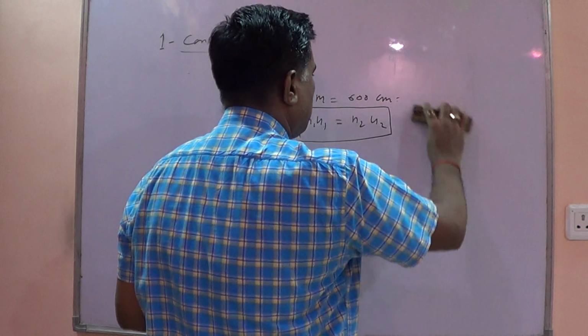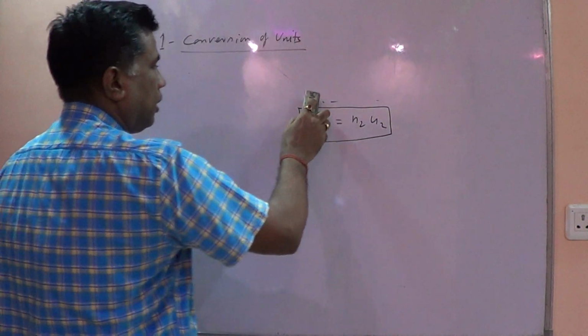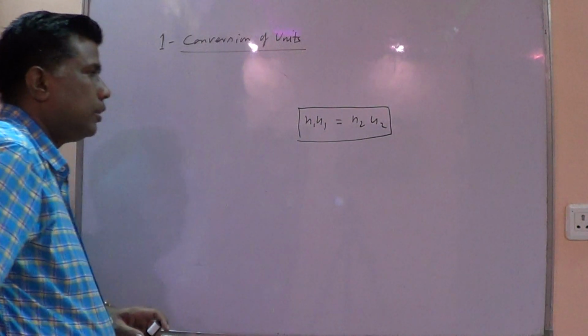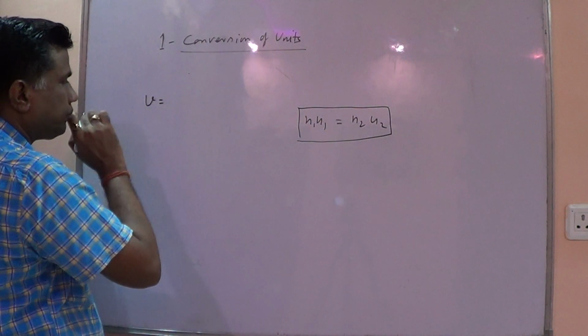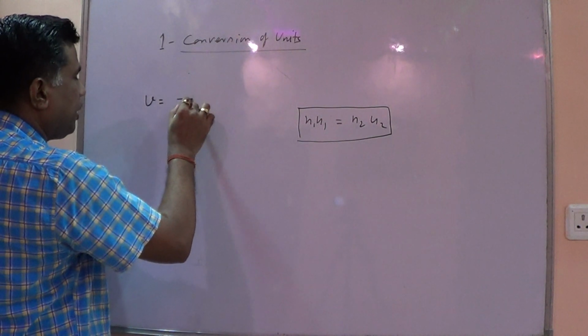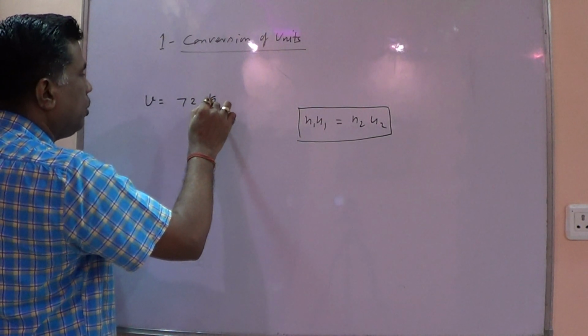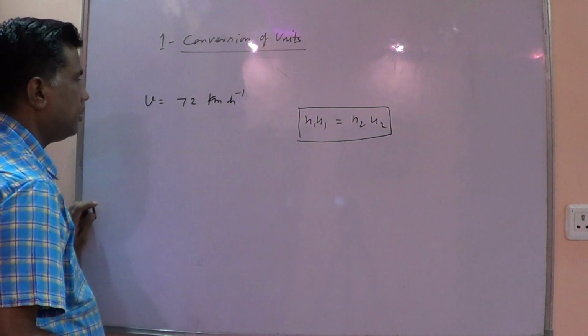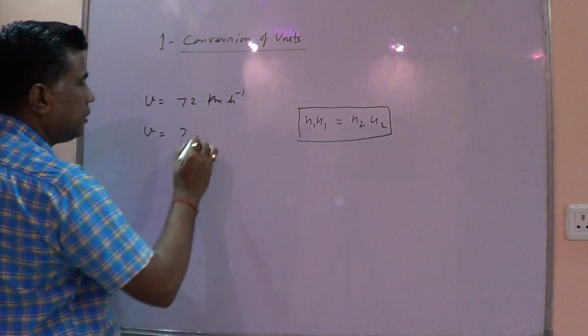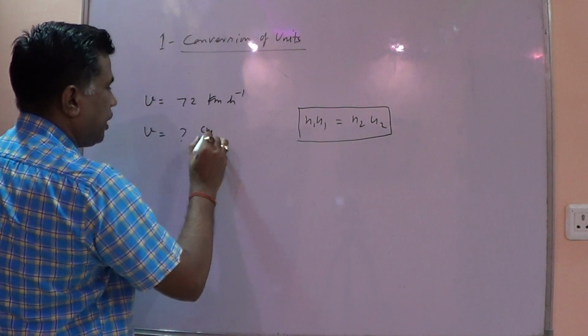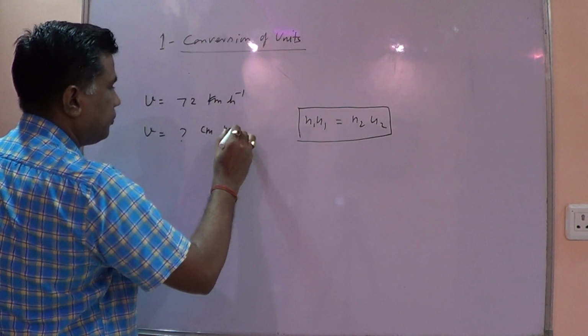First I will take a very simple example. Suppose any object is moving with velocity 72 kilometer per hour and we want to know this velocity in centimeter per minute.